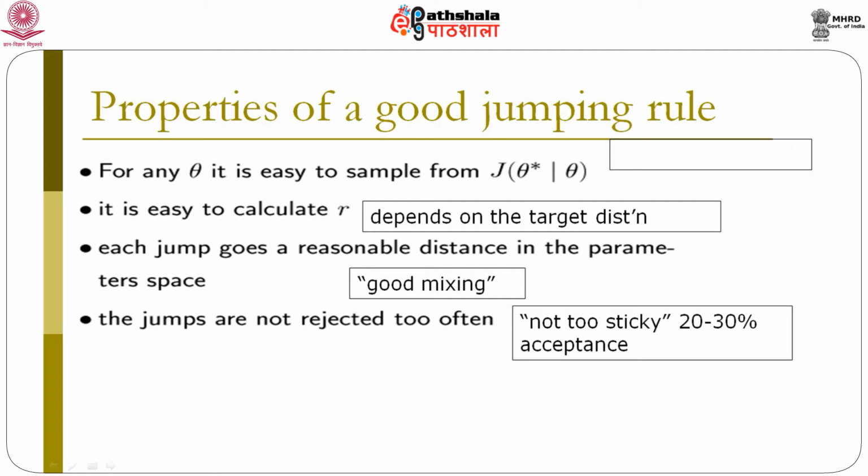Each jump should go a reasonable distance in the parameter space; this is called the good mixing property. The jumps should not be rejected too often. If the jumps are rejected too often, you have little chance of getting the huge number of observations from the target density of interest. So you make sure that too many observations are not rejected.